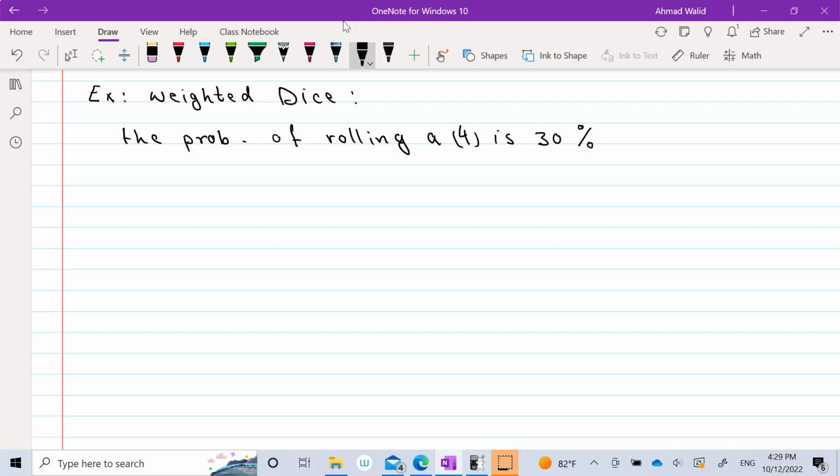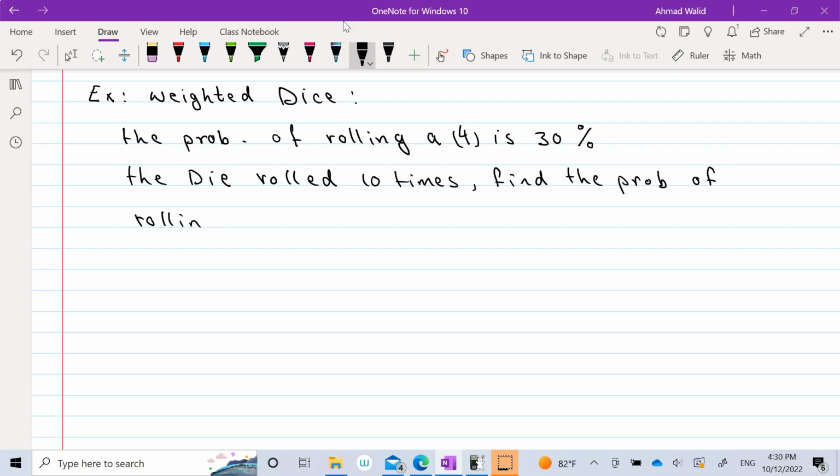The die is rolled 10 times. Find the probability of rolling exactly 8 fours.